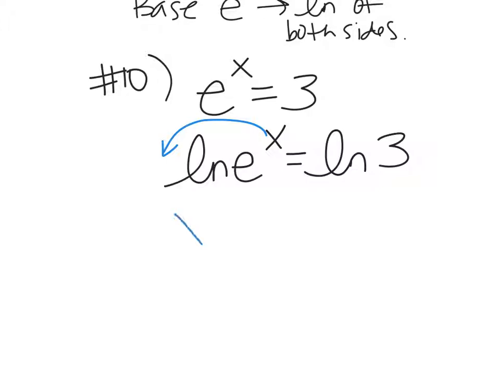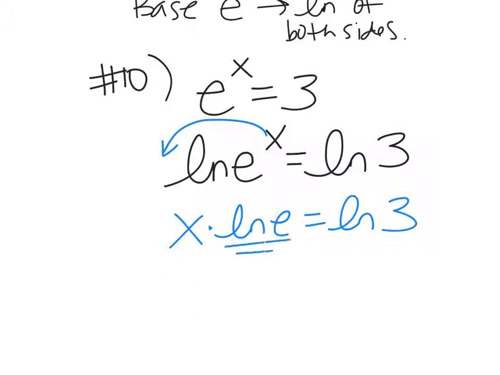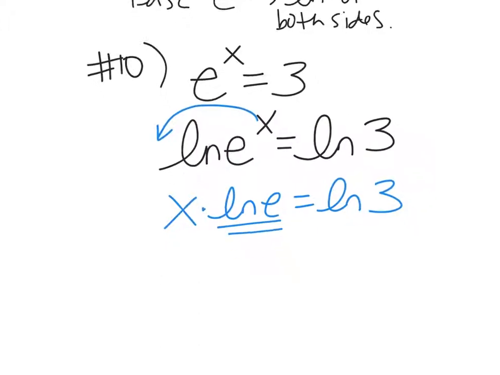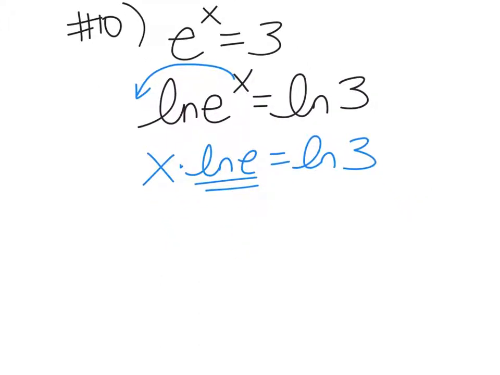So you get x times the natural log of e equals the natural log of 3. Now, do you remember what I told you at the beginning of today? What's ln e? It's 1. Ln e is always 1. So then you get x equals the natural log of 3. Go to your calculator, and you get about 1.099.